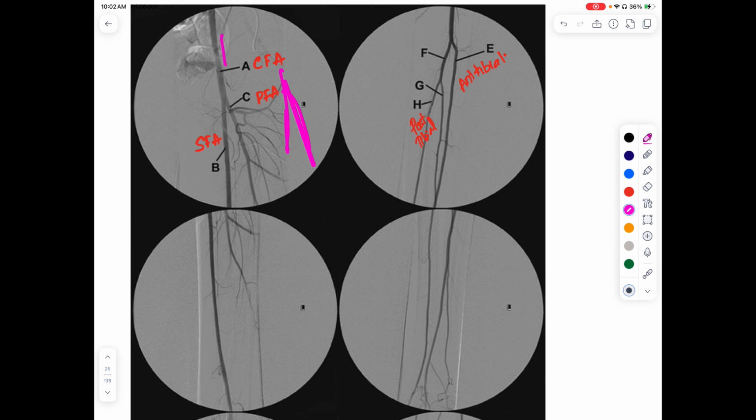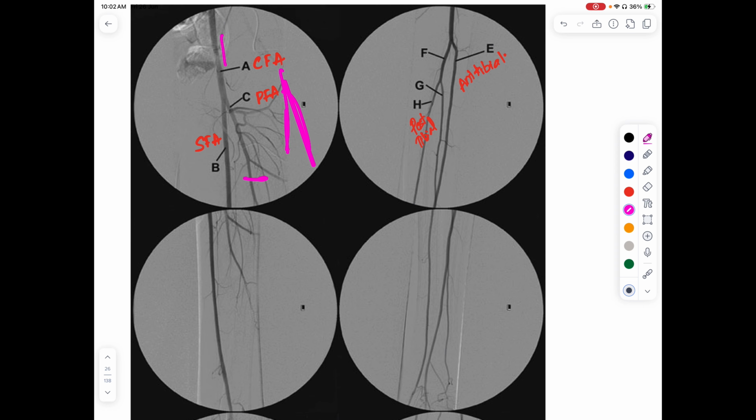So it has to be the left leg because this is a little bit lateral. Now when it goes down, the superficial femoral artery goes down to form the anterior tibial artery, and F is the tibioperoneal trunk. Then this divides into the posterior tibial artery, and H is more superficial, the posterior tibial, and G is the peroneal artery.